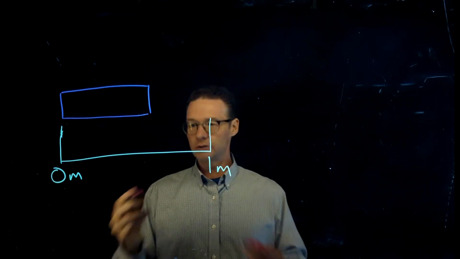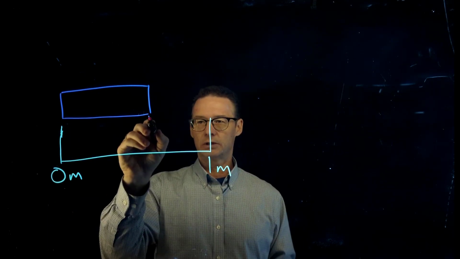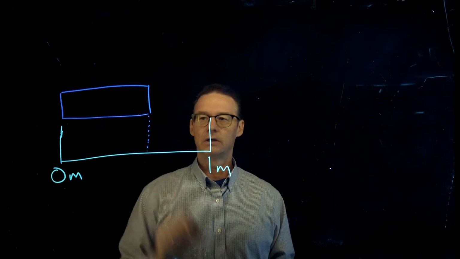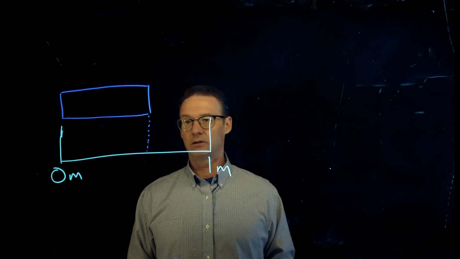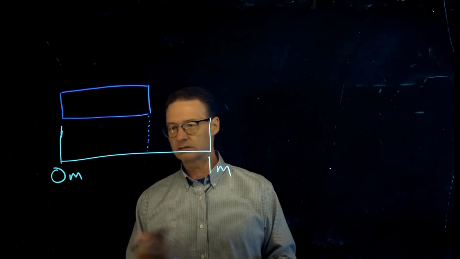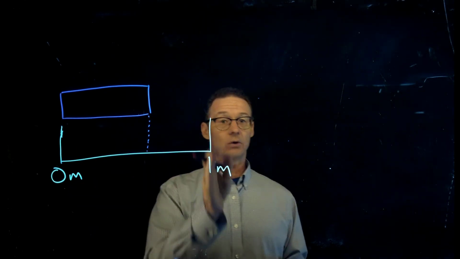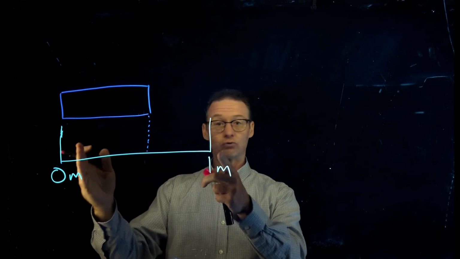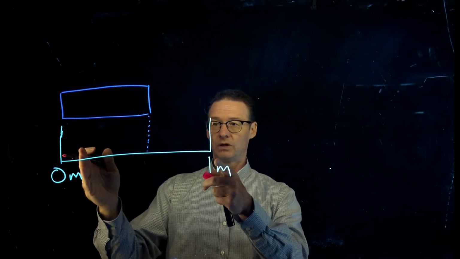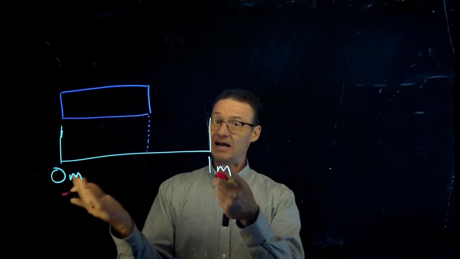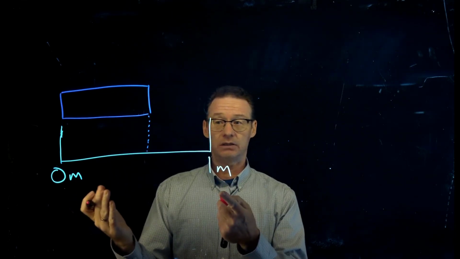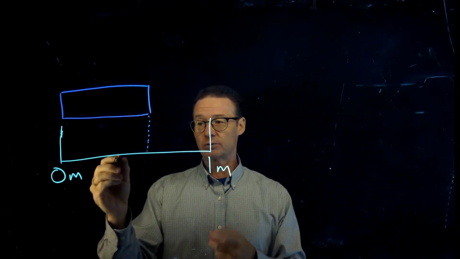Okay, so I can use this ruler and I can measure it, okay, right down to here. And I might say, well, that looks like it's a little more than halfway. Okay, I know it's more than 0 and I know it's less than 1 because the ruler has those markings on it. But in between, I have to sort of guess. I have to estimate.